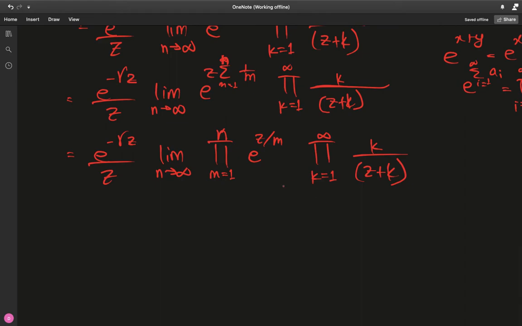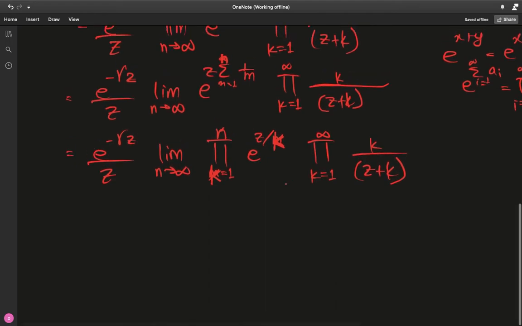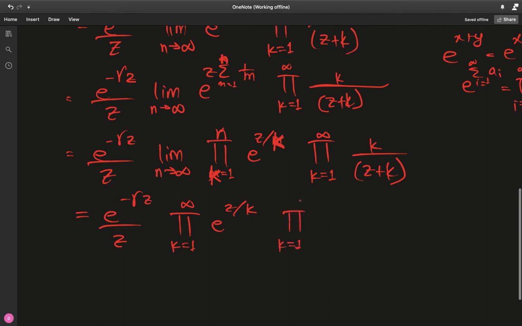So what we can do is change this m to a k, it doesn't matter what indexing variable we have, and then a product of two infinite products can be written together. So e to the negative Euler-Mascheroni times z over z, this can be written as the product from k equals 1 to infinity of e to the z over k times the product from k equals 1 to infinity of k over z plus k.